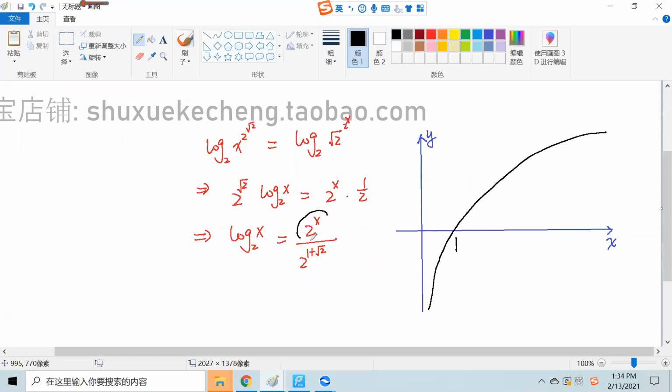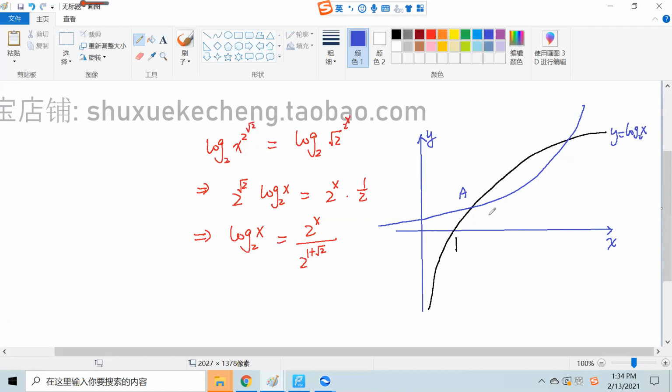And this is the exponential growth function, so its graph is like this, which intersects the graph of y equals log 2x at 2 points.